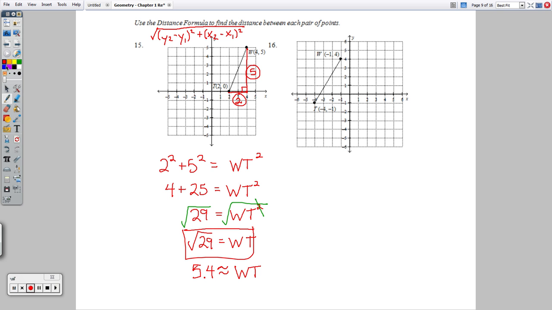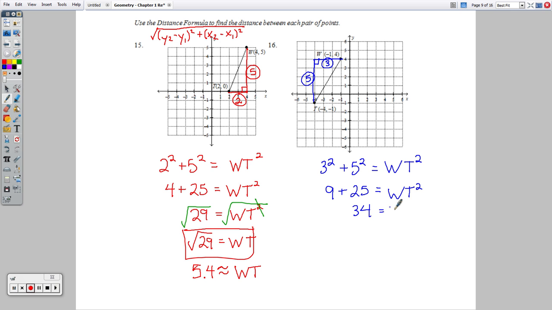On this one over here, we can form a right triangle right here. And I could have gone down this way instead. That's fine, either way. How long is this leg? It looks like 3. And then this one is 1, 2, 3, 4, 5 right there. So in this case, we have 3 squared plus 5 squared equals WT squared. So you have 9 plus 25 equals WT squared.